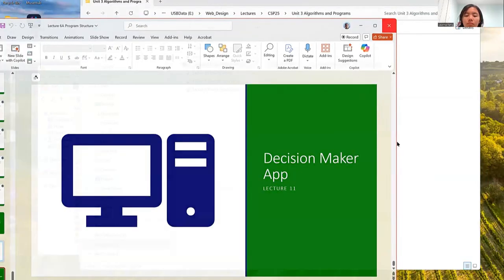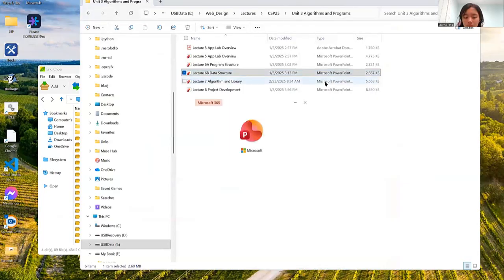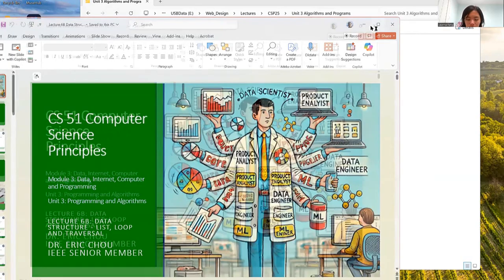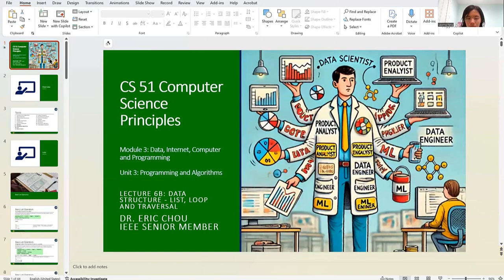We finished the 6A. Let's go to the 6B, data structure and for loop. You know something, okay, so far I checked you know something, but you are slow in answering. What does this mean? Liana, what does this mean? You do know something, but when you answer the question, you are slow.